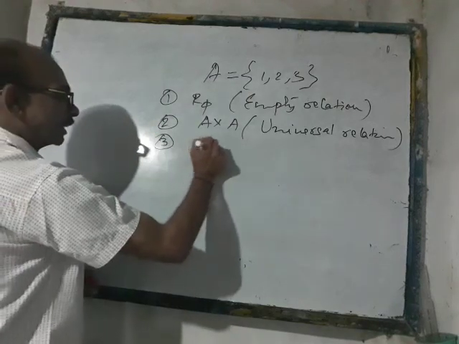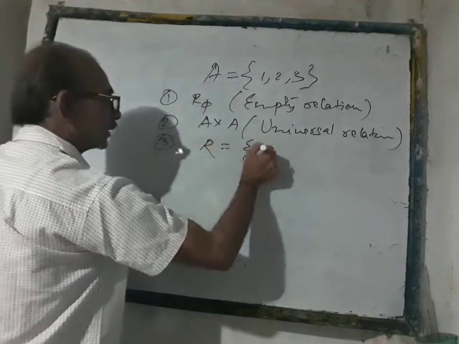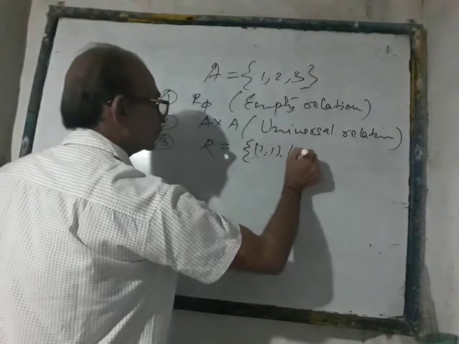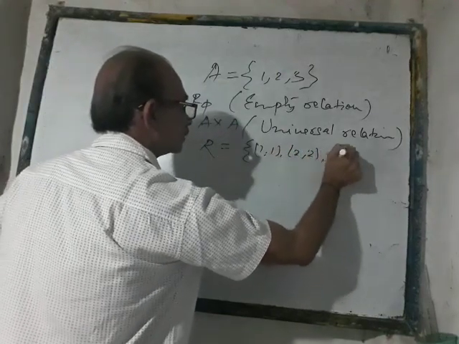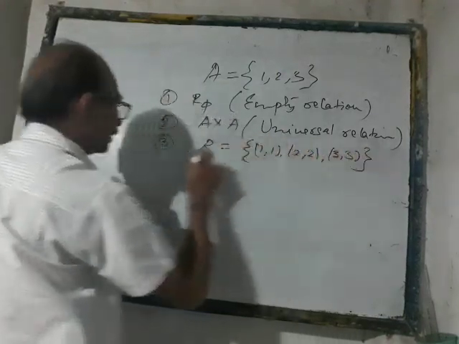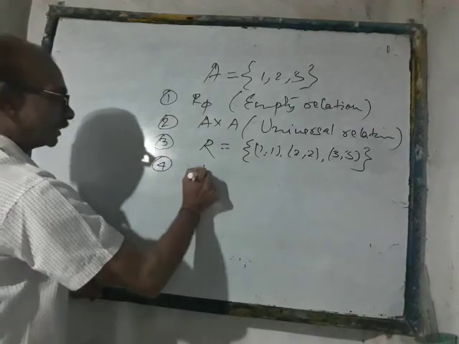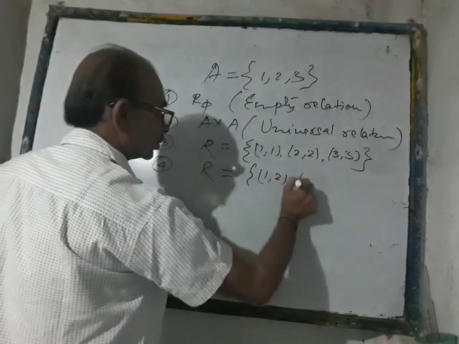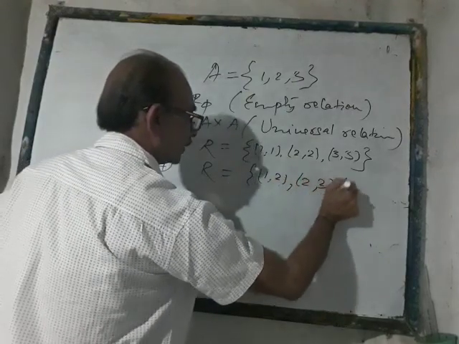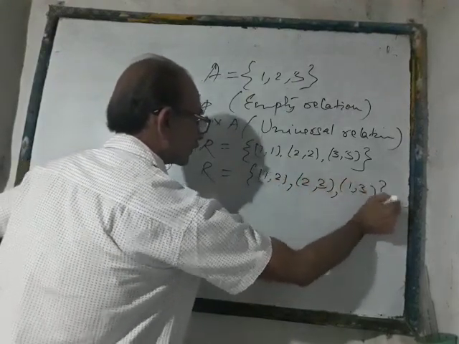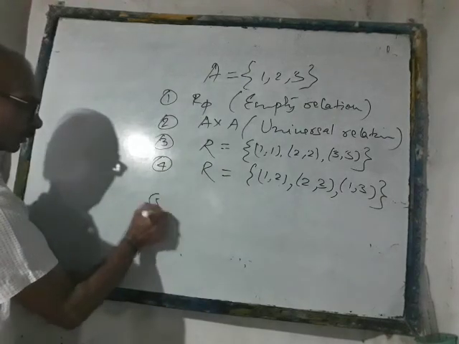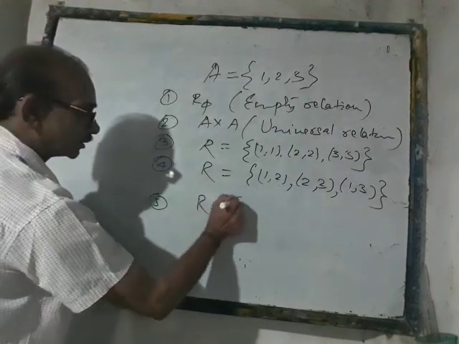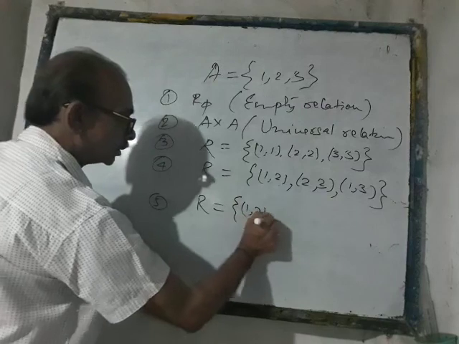Suppose I take R is equal to {(1,1), (2,2), (3,3)}. That's it. Again, fourth one I just take R is equal to {(1,2), (2,3), (1,3)}. Fifth one we are going to consider R is equal to {(1,2), (2,1)}.